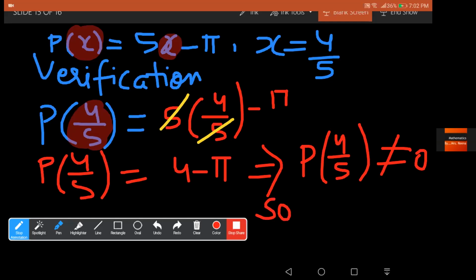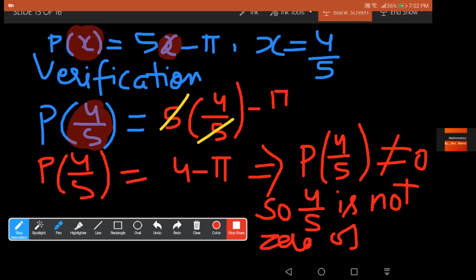So 4 by 5 is not a zero of px. So this is our second part. तो हमने कुछ नहीं किया, बस यहाँ पे वैल्यू पुट की है x की और चेक किया है कि 0 के इक्वल आता है या नहीं आता है आंसर. लेट अस गो टू द नेक्स्ट पार्ट.